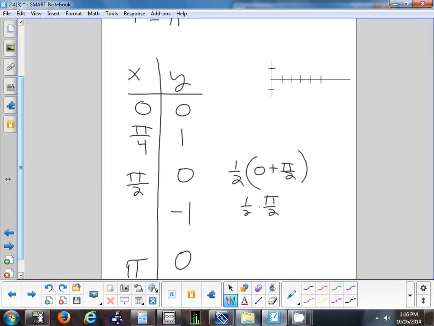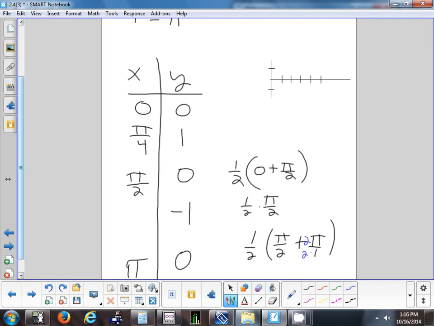And now for the fourth coordinate, what are the two values we need to average? Pi over 2 and pi. The arithmetic here isn't any worse than what you had to do with a phase shift. We do need a common denominator. What's my common denominator? 2.